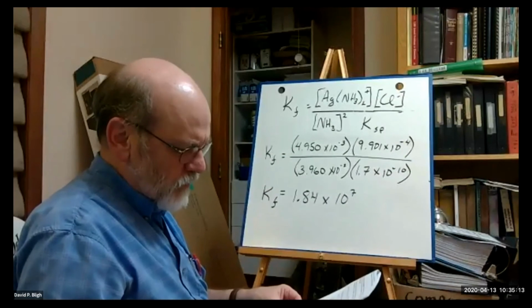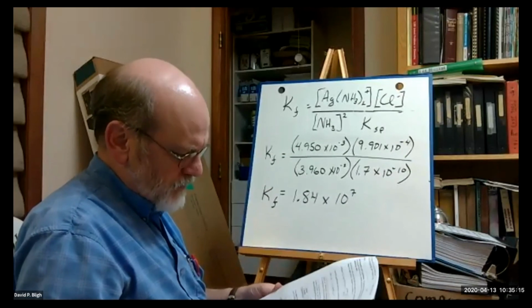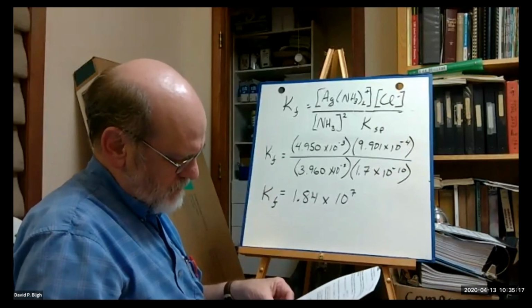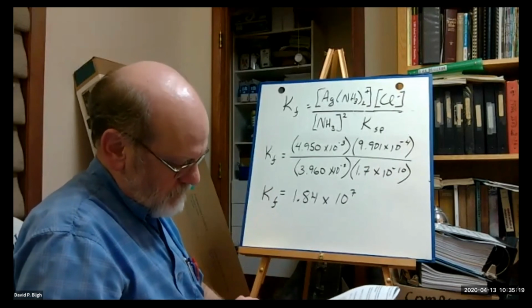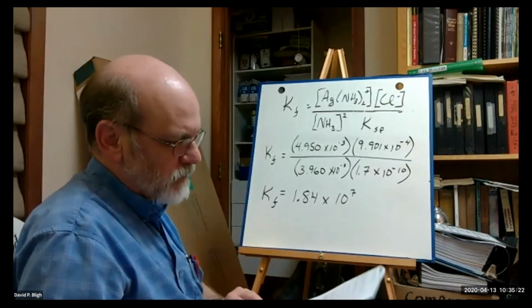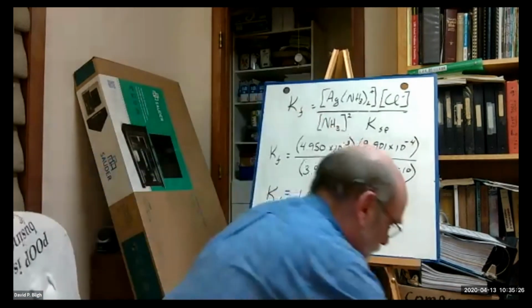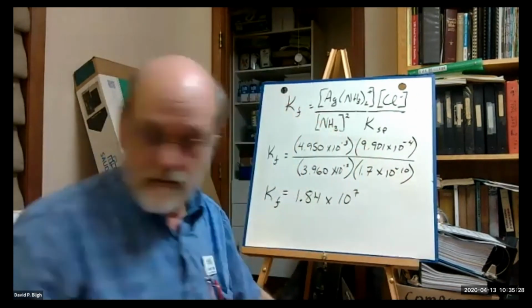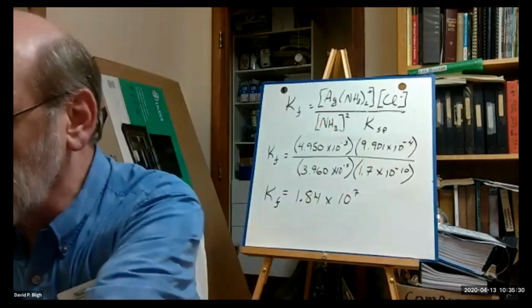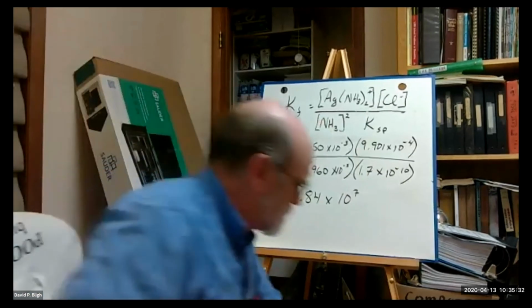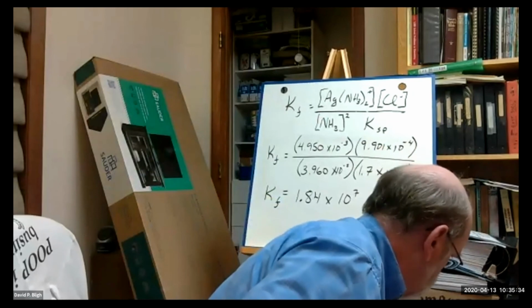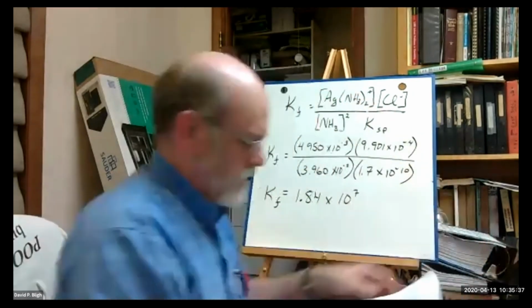Because if I don't give you an accepted value, you can't do a percent error. Hold on a second. Here's what I'm going to do. I'm going to look it up. I've got it right here in my magic bag. There we go.